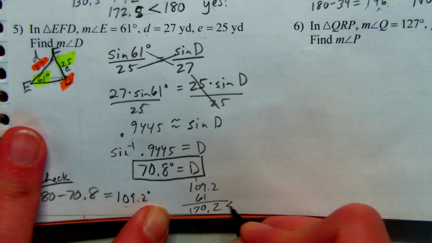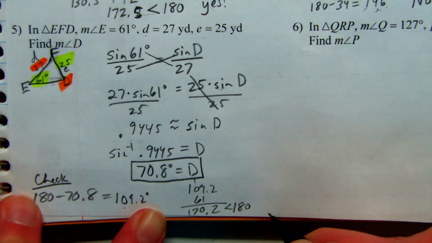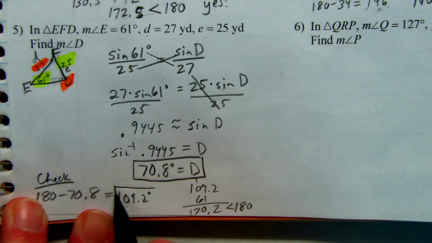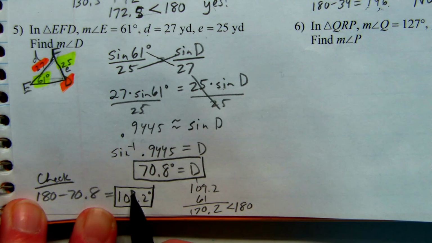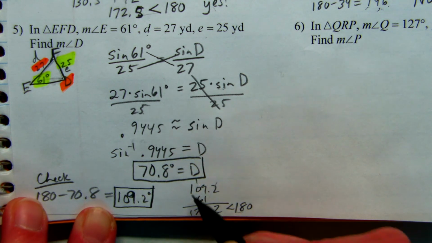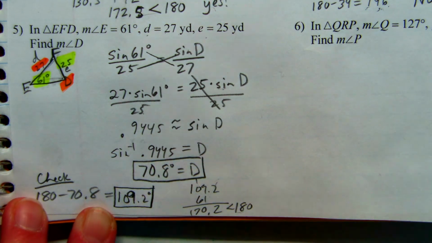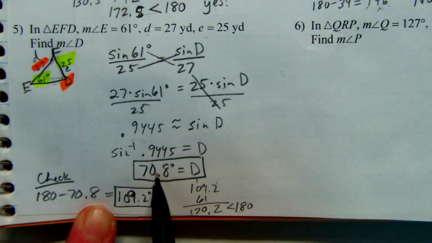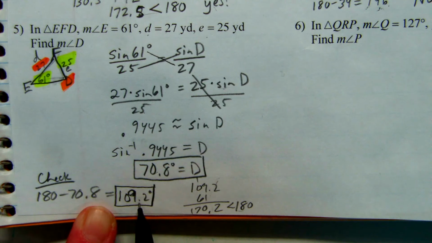Since this is under 180, that means it does work. This is where people make mistakes. We add them up just to see if it's going to be under 180. You could probably do that one in your head and go, yeah, it's just barely under. But this would be your second angle D. So it could be this angle or it could be this angle.